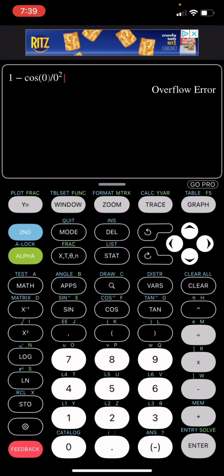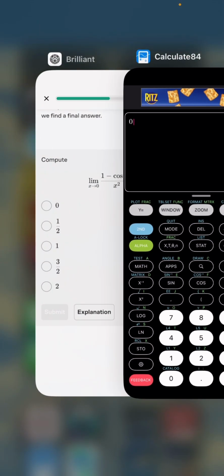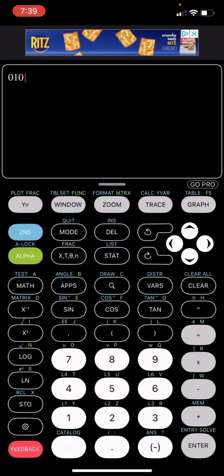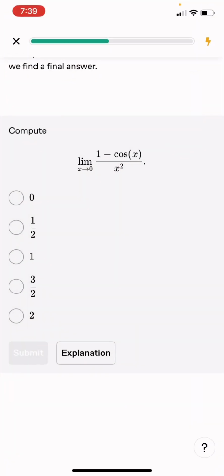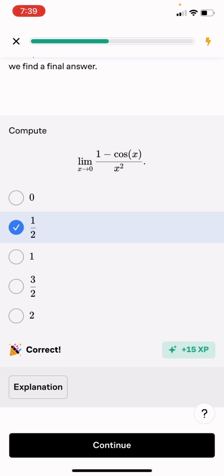Well, that definitely just proves. Let's just do, what would cosine 0 be? 1. So 1 minus 1 over... 1 over 2? Yes.